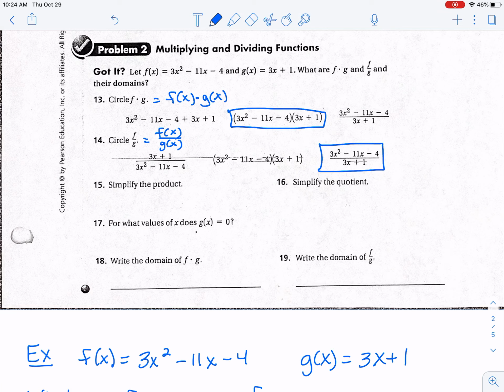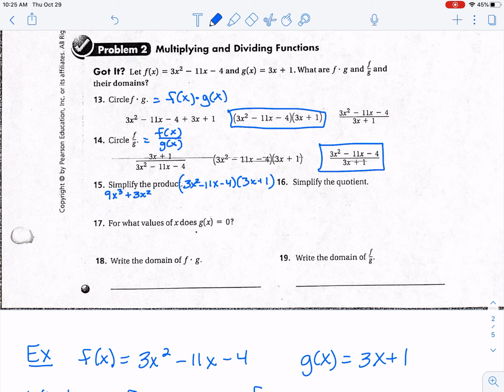When I have this, the 3x squared minus 11x minus 4 times 3x plus 1, I'm taking 3x squared times that entire binomial, and that would give me, what, 9x to the third. And then 3x squared times 1 is 3x squared.